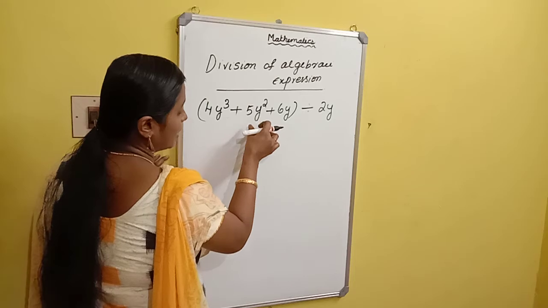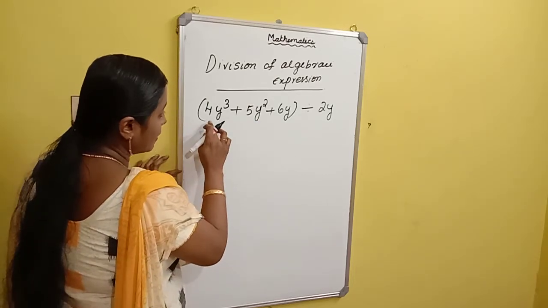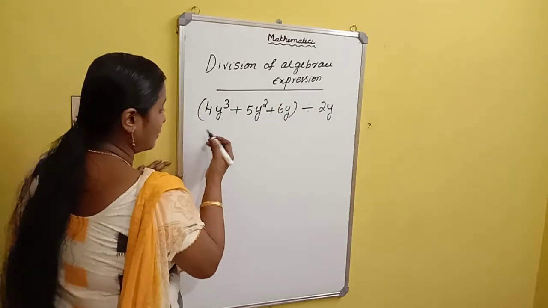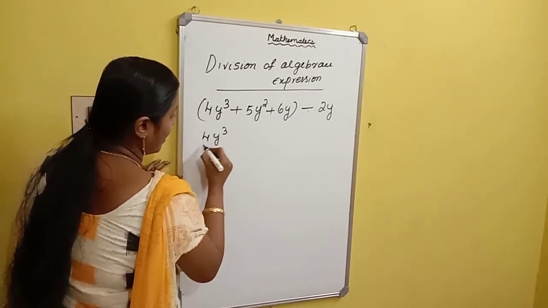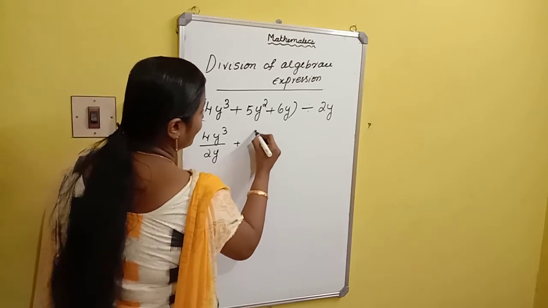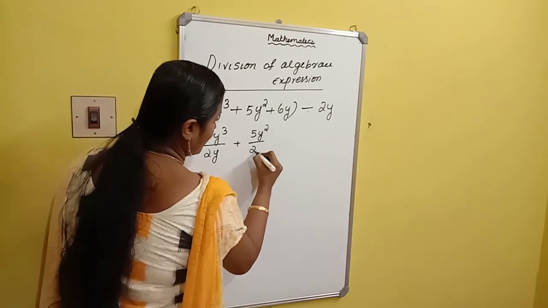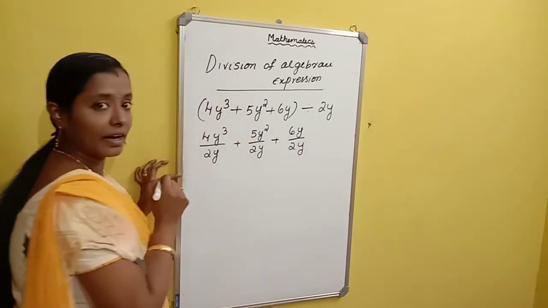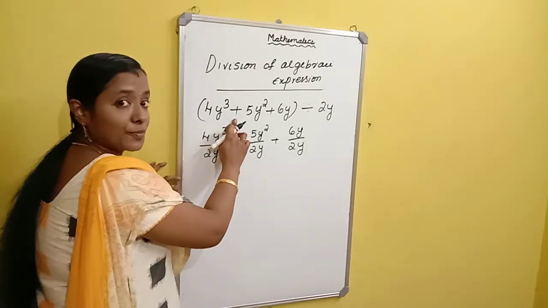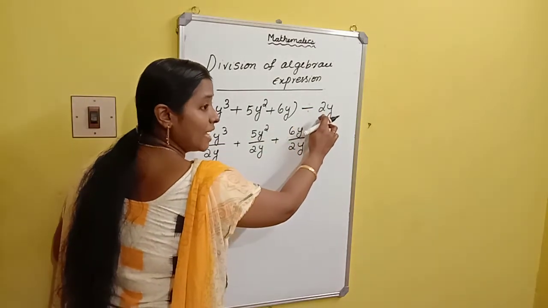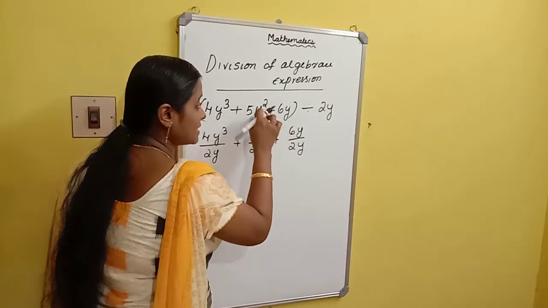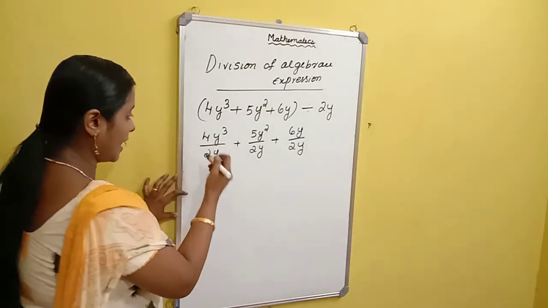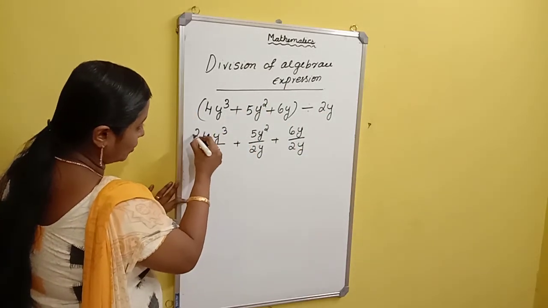In this type of question, 3 terms are there, and we divide each term by 2y. That means 4y cube divided by 2y, plus 5y square divided by 2y, plus 6y divided by 2y. One algebraic expression divided by a monomial means each term of the expression is divided by that monomial.